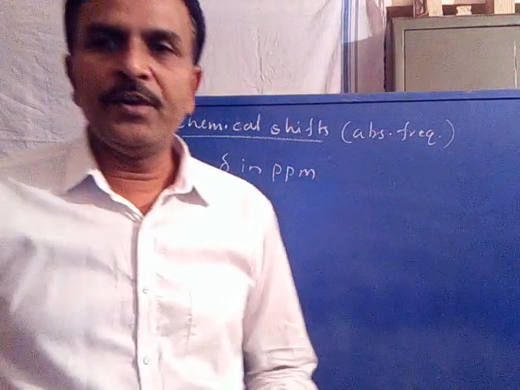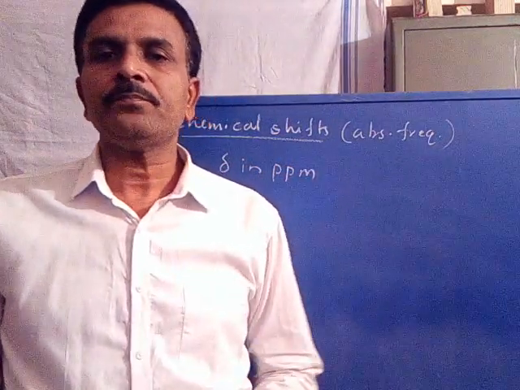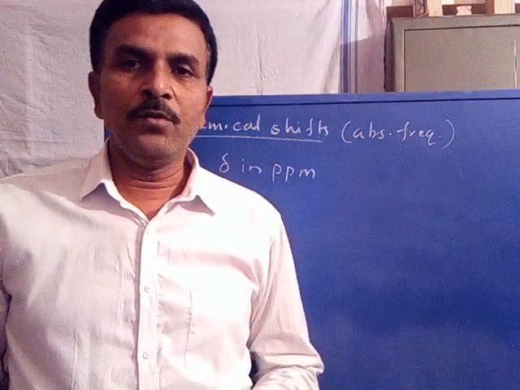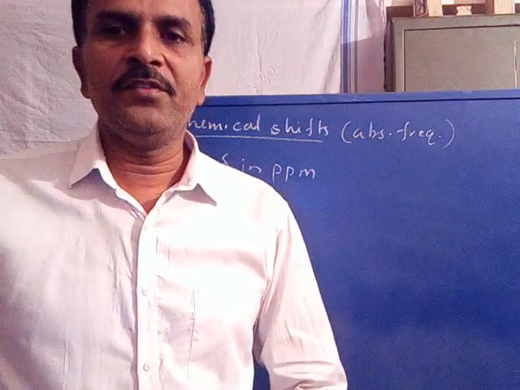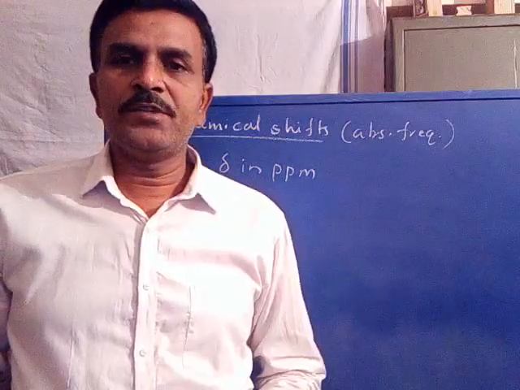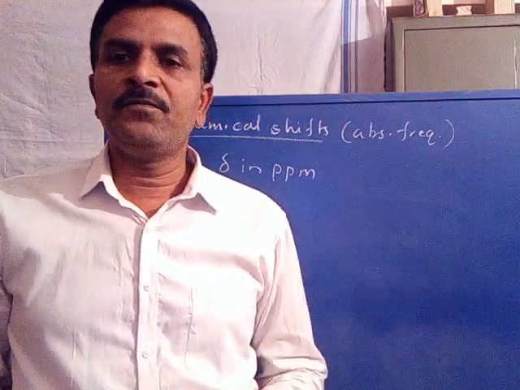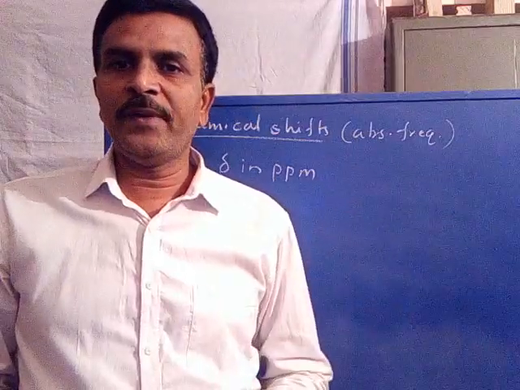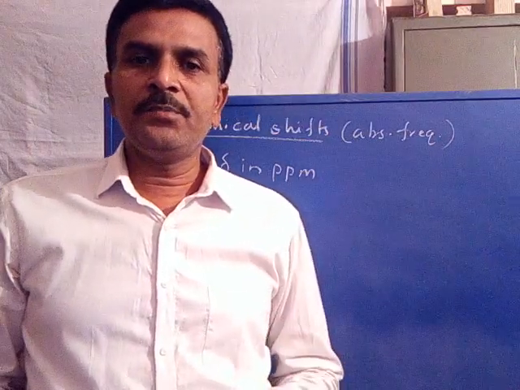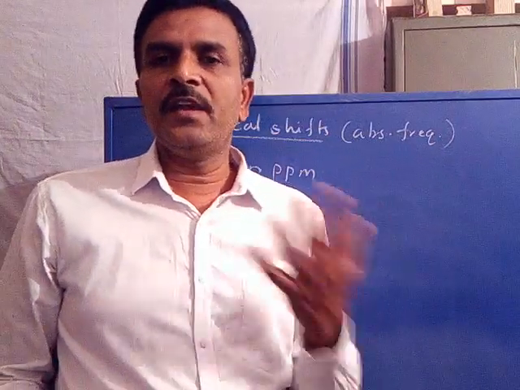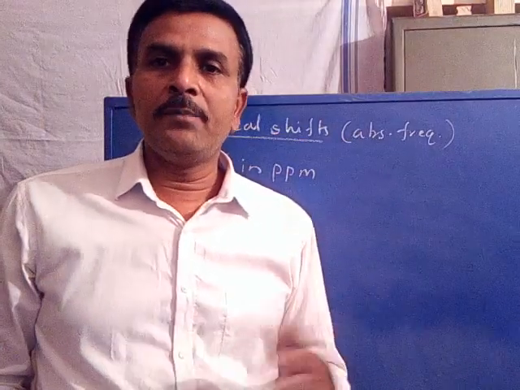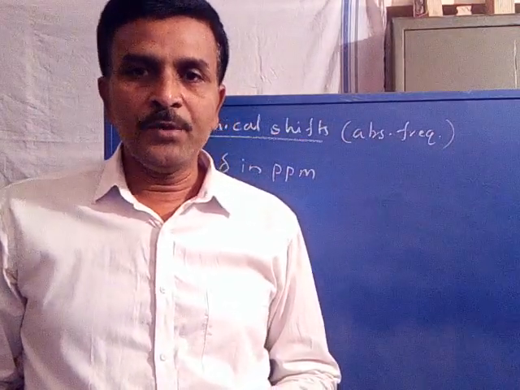But similar to proton and fluorine, because the energy is absorbed in the range of radio frequency, and similar to those two earlier spectroscopic techniques, the absorption frequencies for phosphorus nuclei are also measured in delta and presented in ppm units.